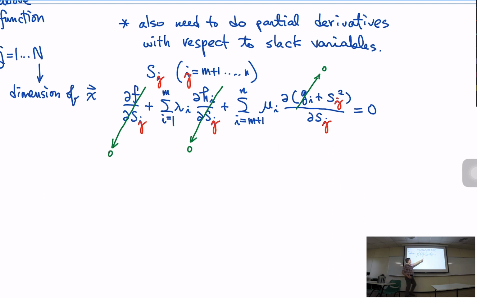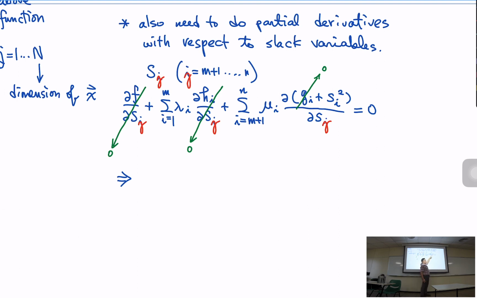Only the s squared has a relationship with the s_j at the bottom. I should not change this one to j, because this belongs to the original function.